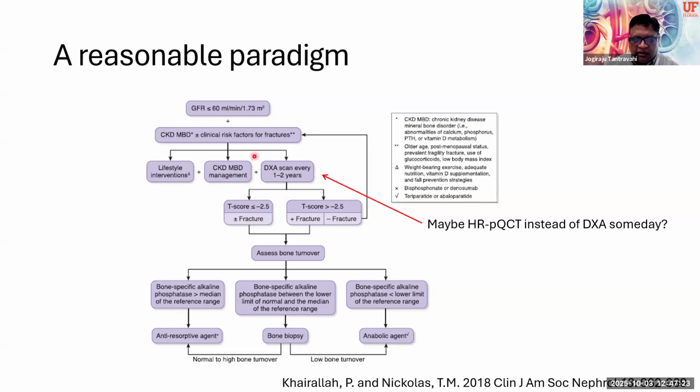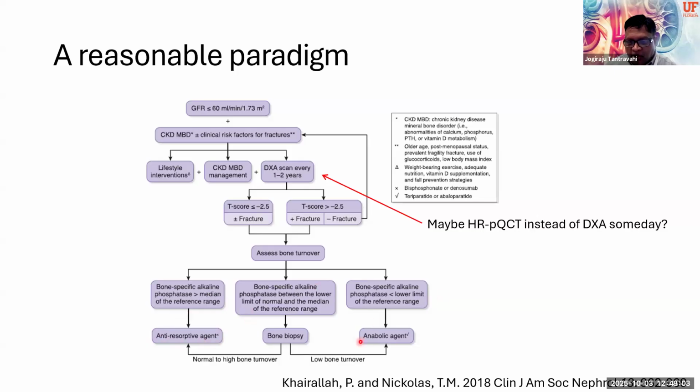We have discussed that DEXA scanning may or may not be particularly reliable in this patient cohort, and maybe one day we'll have HR-pQCT instead of DEXA once it's been well validated. But if we continue along the path of the DEXA score, we either look at the T-score, plus or minus fracture, try to assess bone turnover, perhaps with bone-specific alkaline phosphatase, perhaps with a combination of bone-specific alkaline phosphatase and PTH. If we can identify high turnover, we would use an anti-resorptive agent. Okay?